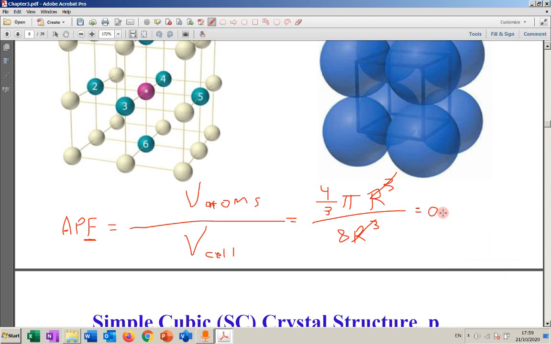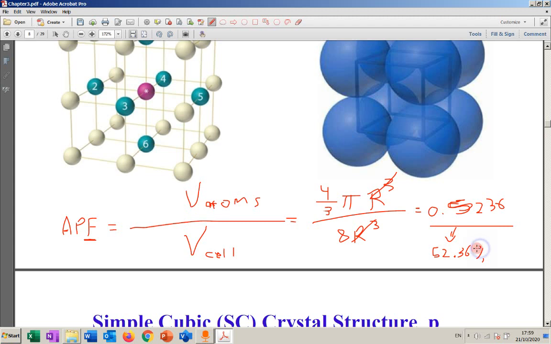0.5236. So it means for any crystal structure which is simple cubic, this will be the atomic packing factor. What does it mean? If I make it a percentage, it will be 52% solid, 52% is atom, the rest is void.